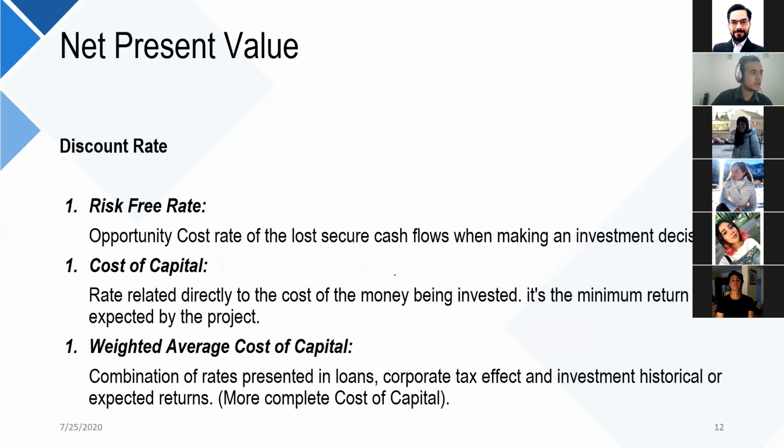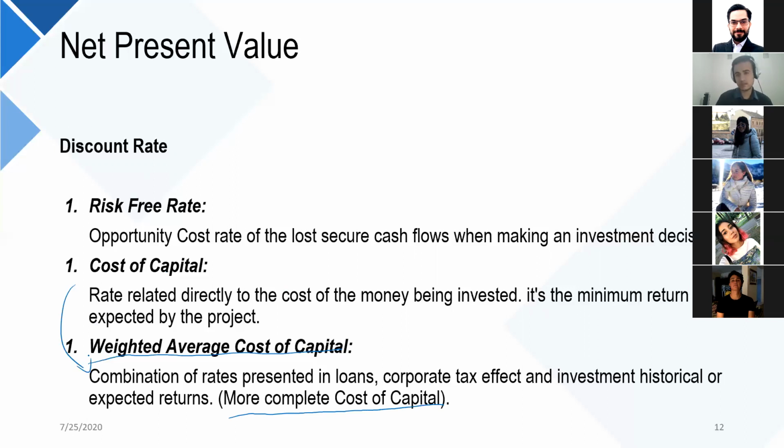Now about the rate, I told you the three different types of discount rates that you have when you are doing the net present value. And the last one we were checking was weighted average cost of capital. I added this one here because I was reviewing this during the weekend and I thought maybe it wasn't completely clear. I just want you to think of weighted average cost of capital as a little bit more complex and complete cost of capital.